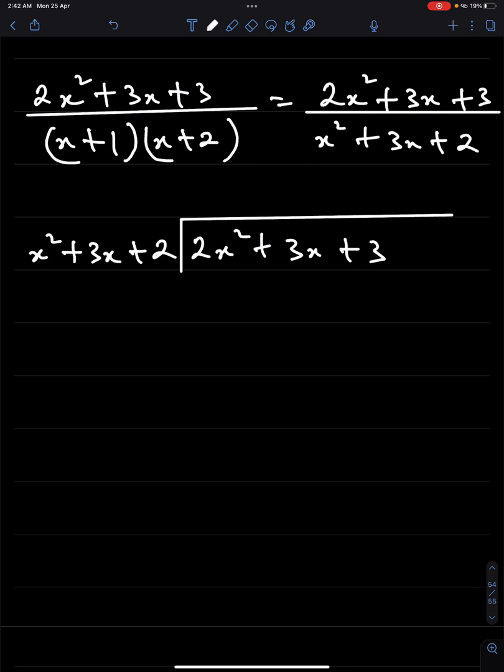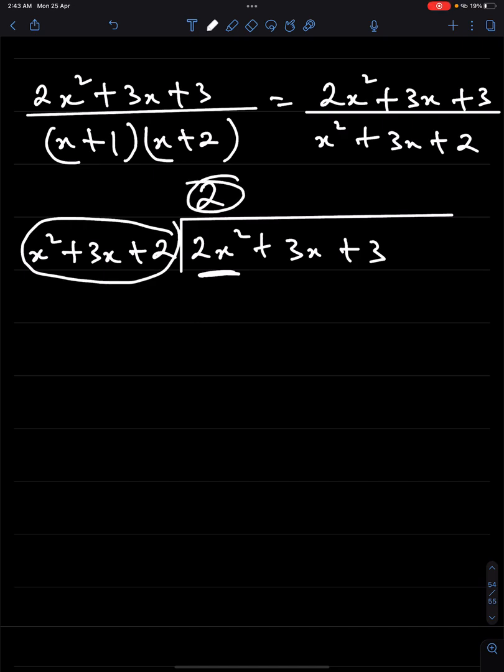Now let's go. To divide a polynomial, this is how you go. You divide the first term of the dividend by the first term of the divisor. And that means 2x squared divided by x squared. That's going to be 2. And every time you divide that way, you multiply the whole of this by that answer.